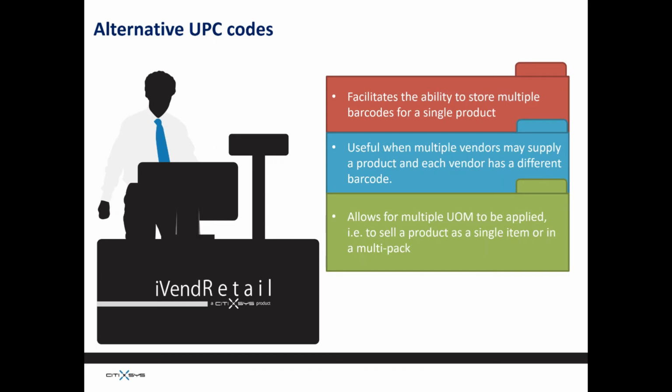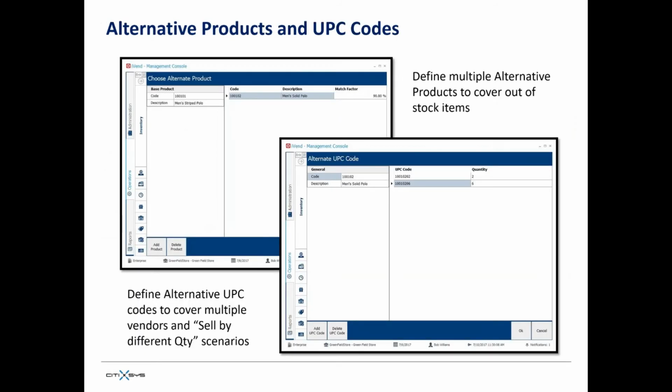Let's say that we have a soda or a beer that you sell individually, or on a pack of 6 or a pack of 12. You can define different UPC codes for the different units of measure, and that way iVend will always recognize it's the same product, except that it's multiplied by different factors.